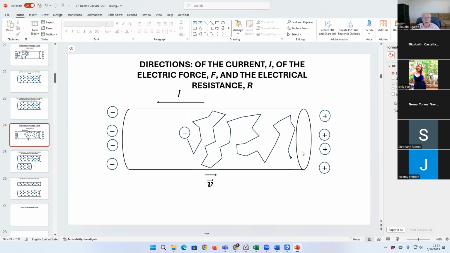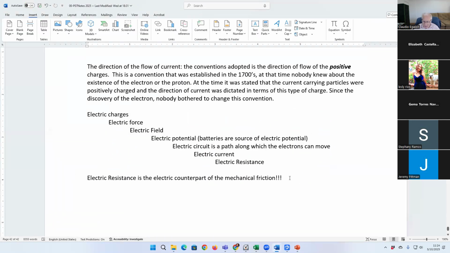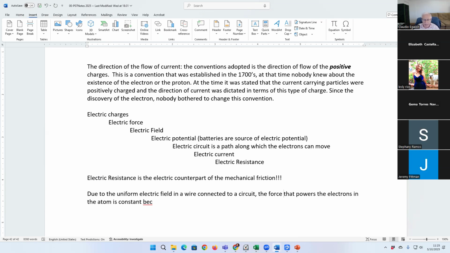Okay, let's write that down. Due to the uniform electric field in a wire connected to a circuit, the force applied to the electrons will be uniform.